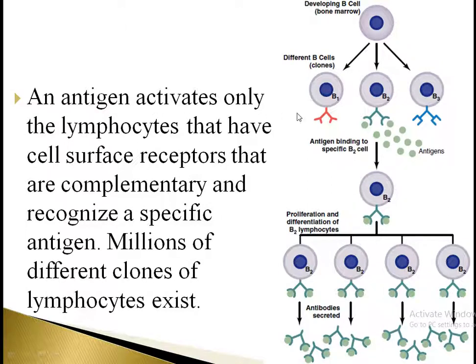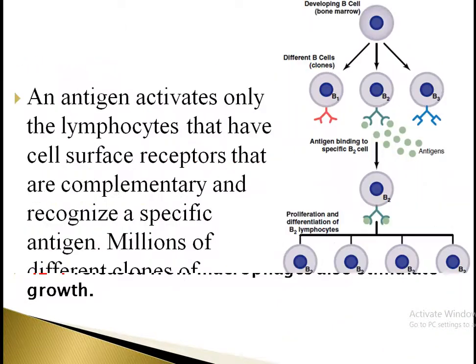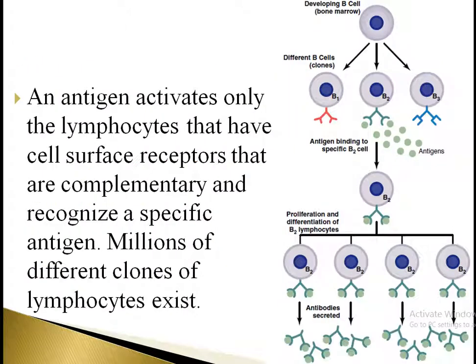You can see these are the different types of B lymphocytes. Very specific antibodies are secreted through specific B lymphocytes. For example, in simple words, any antigen which is triangular in shape is going to be attached to this one. Only the circular type of antigen will be attached to this one.